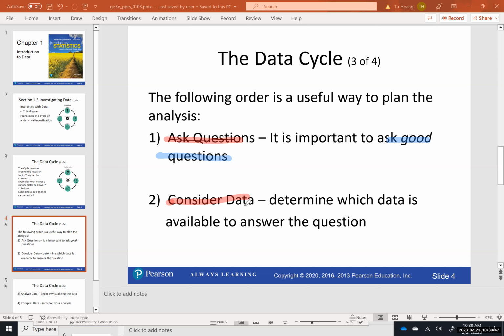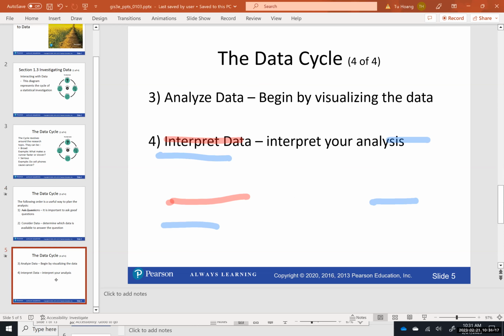And for the data, you can determine which data is available to answer the question. So it could be samples from a class, right? Or maybe a sample of students at the library, something like that. So we're going to consider which one is available for you, right? Okay, so we can move to the last line. All right, it is to analyze the data and interpret it, right?